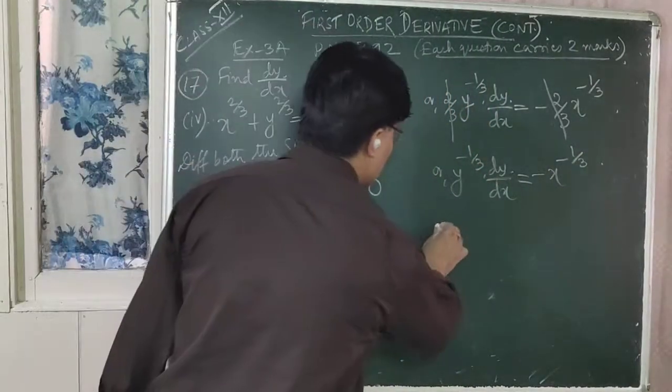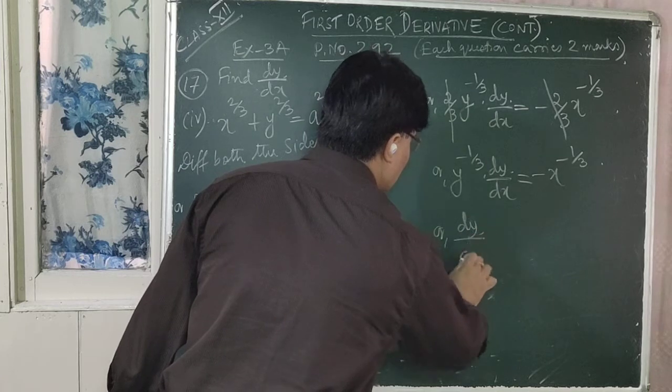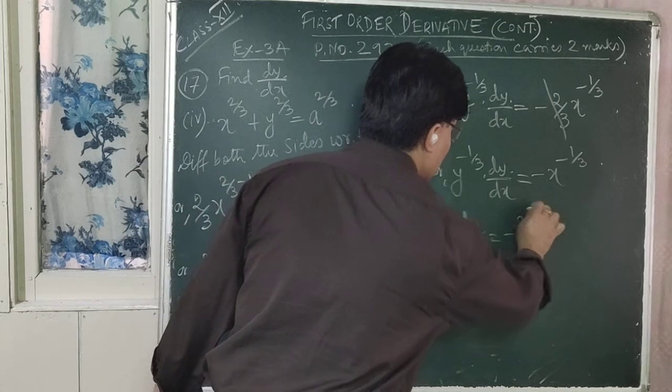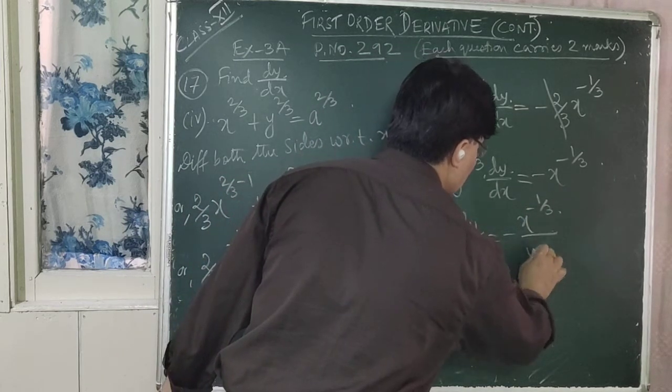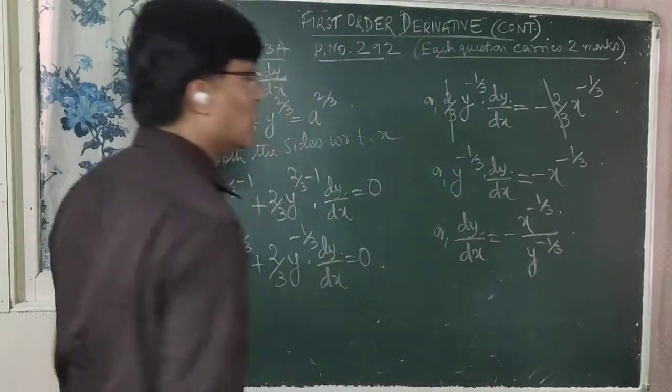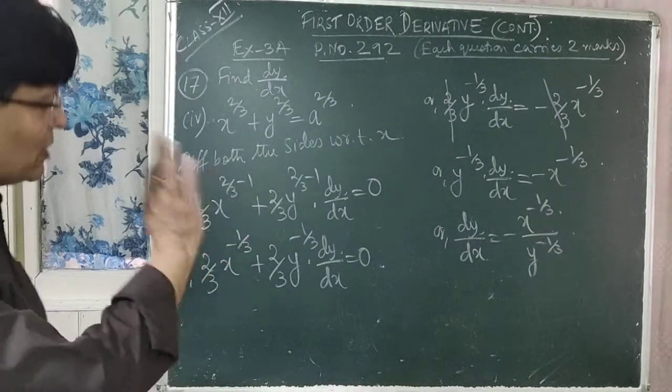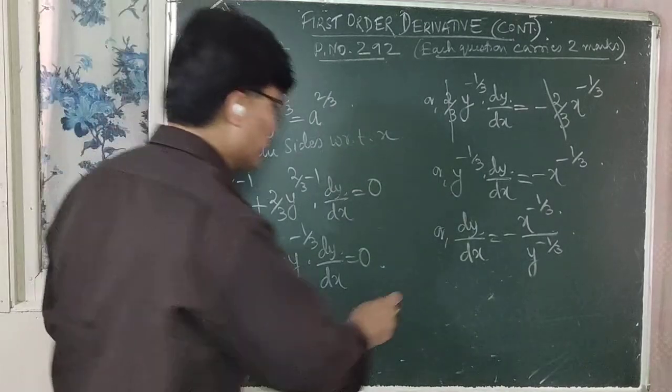So what is the value for dy by dx? So dy by dx is equal to minus x to the power minus 1/3 divided by y to the power minus 1/3. Or you can write down the answer here, or you may again simplify it further.